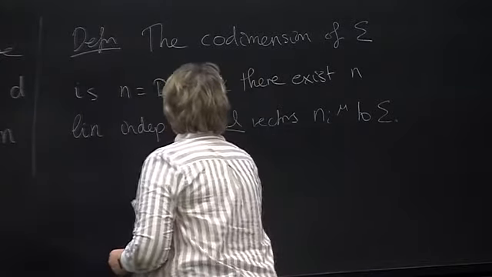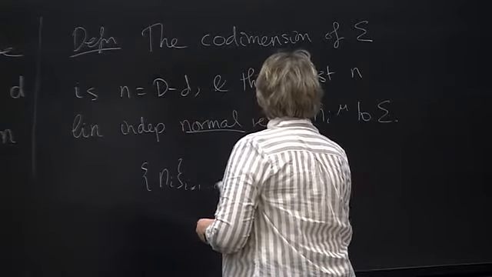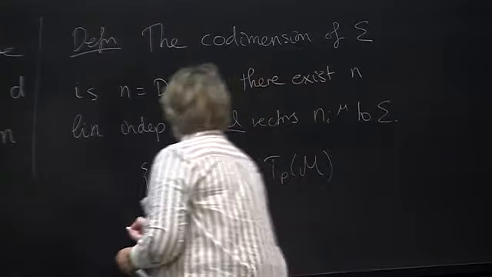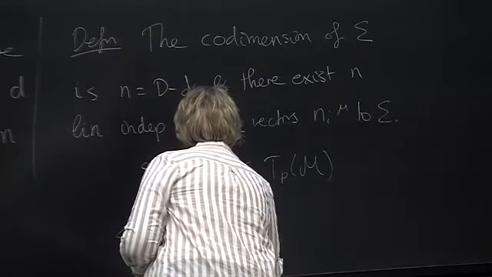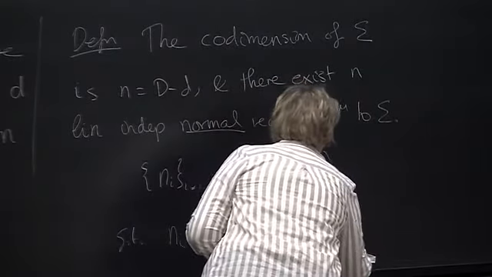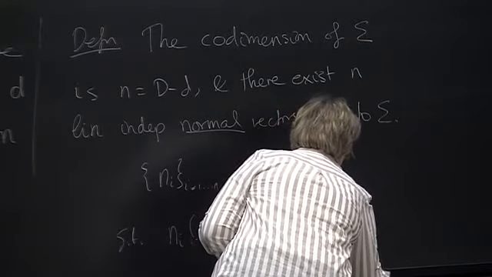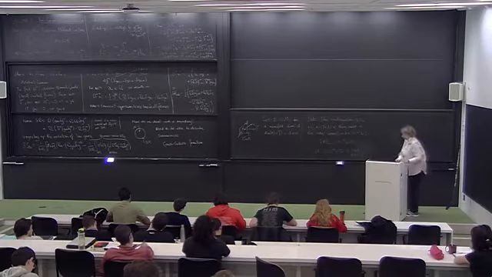So we have this notion that our n i's annihilate tangent vectors. What that means is that if you've got a coordinate function on sigma, then the normal vectors annihilate that coordinate function. That's what we mean by normal to the surface.